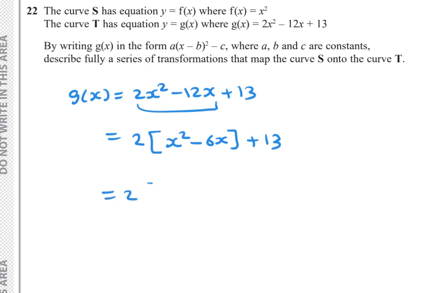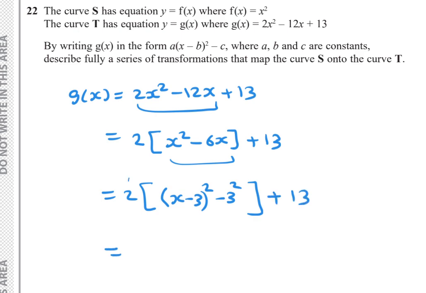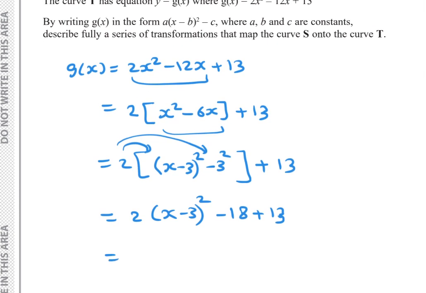Now you can convert this expression using vertex form into 2 times ((x minus 3) all squared minus 3 squared) plus 13 equals, you can expand, 2 times (x minus 3) all squared and 2 times negative 9, so negative 18, plus 13, so equals 2(x minus 3) all squared minus 5.